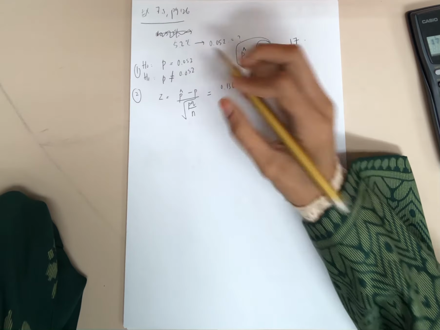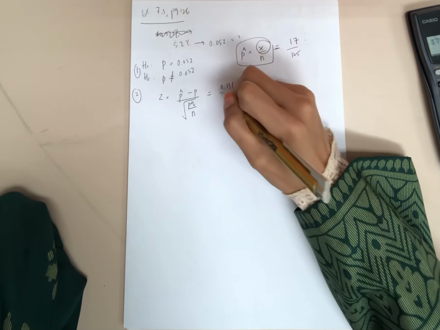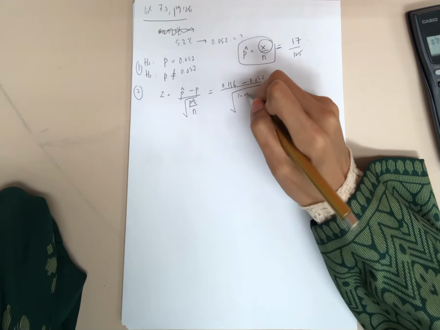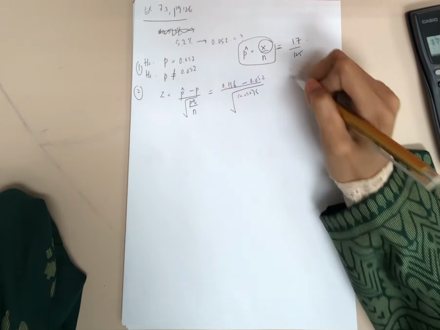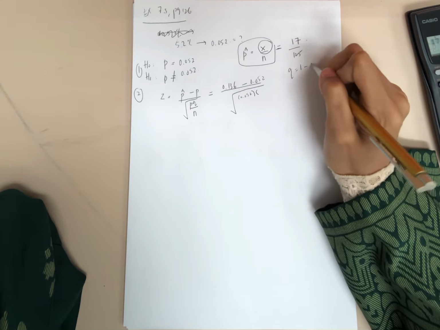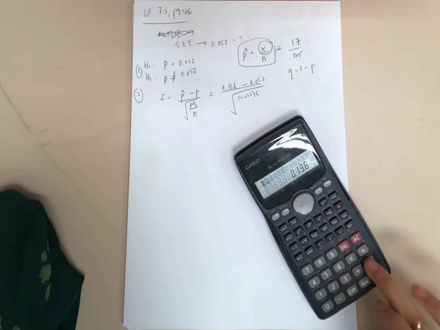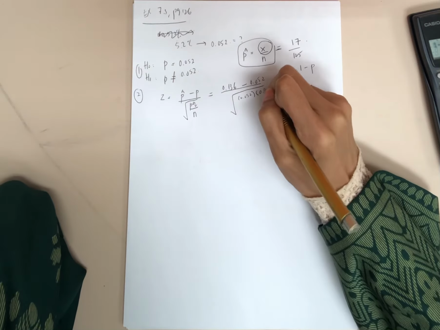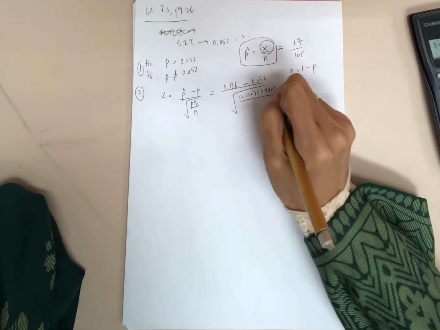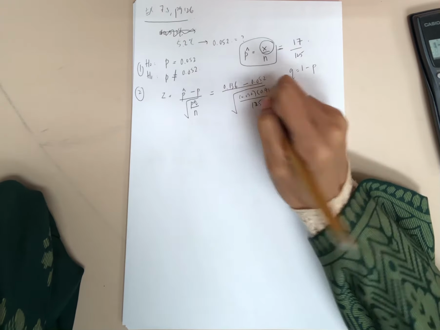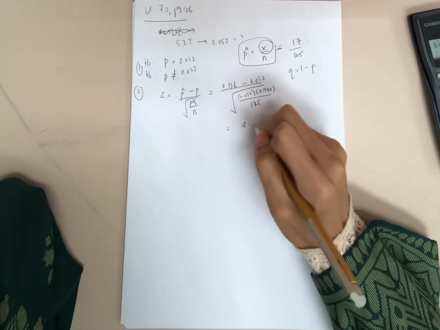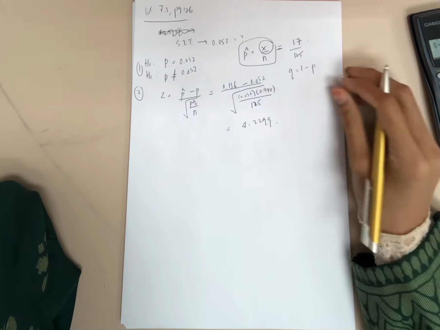And what is your P just now? 0.052. How about Q? Q is 1 minus P, so 1 minus 0.052, which is 0.948, divided by N, 125. You calculate all this, and you will get 4.2299.